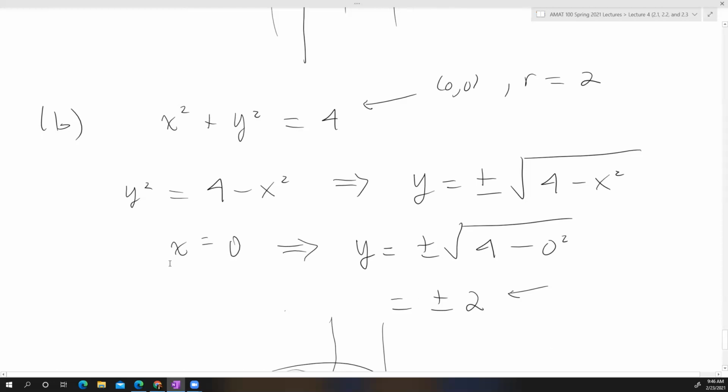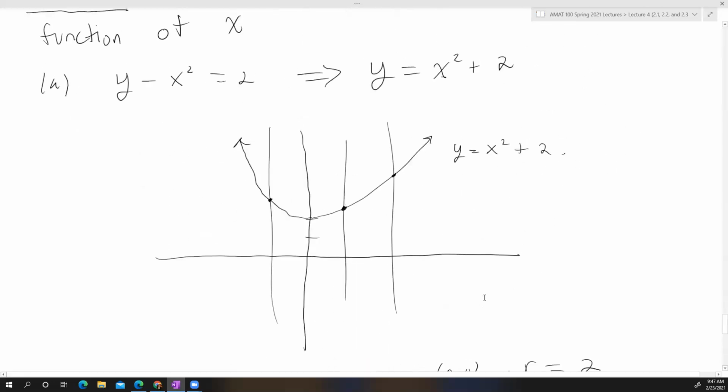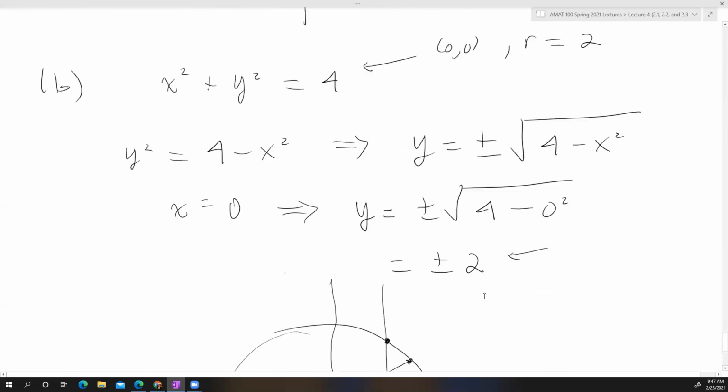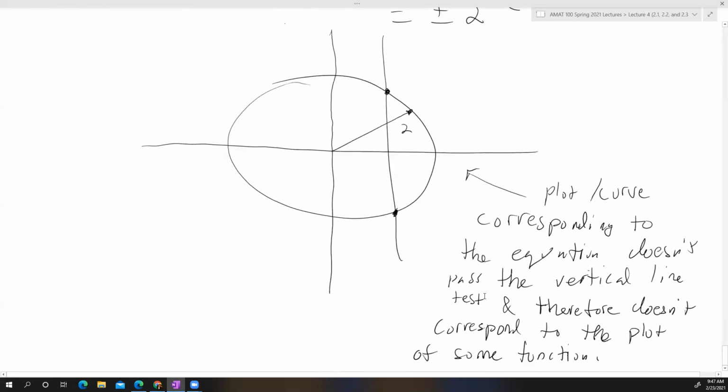For example, if you plug in 0, there are two outputs corresponding to 0, namely plus or minus 2. This one calculation shows that y can't be a function of x. But you could also plot the equation, and the vertical line test will show you that y can't be a function of x. I think that's all for now.